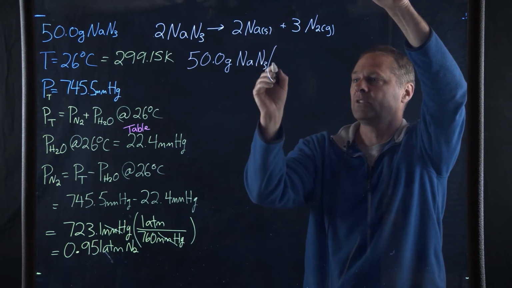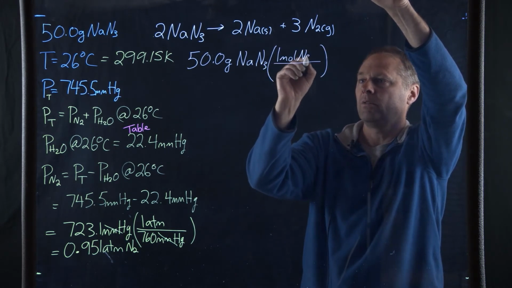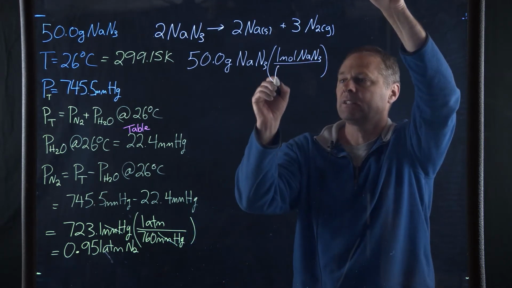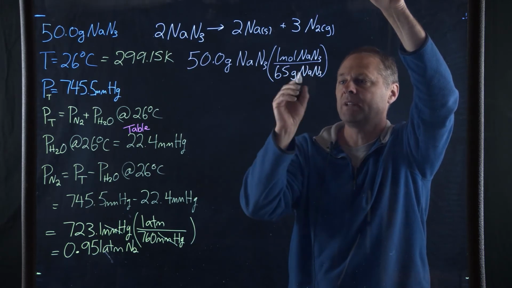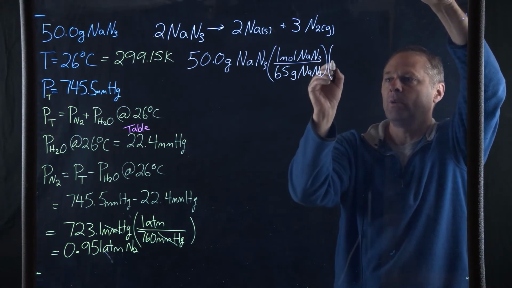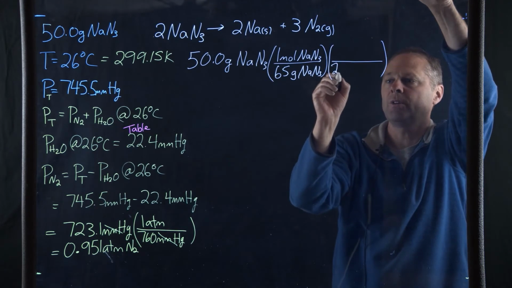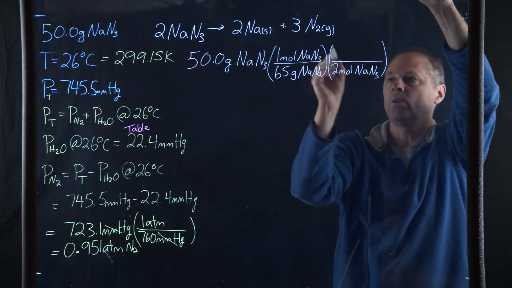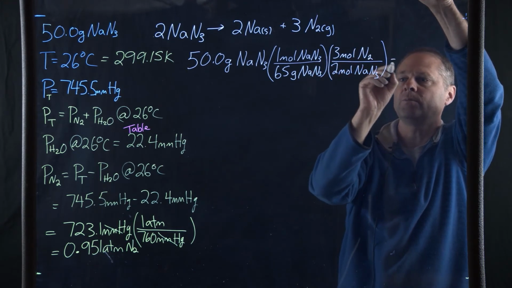We convert that into moles. 1 mole of sodium azide is equal to 65 grams of sodium azide. And once again, this number comes from the periodic table. We then see that the mole ratio is 2 to 3. So for every 2 moles of sodium azide, we get 3 moles of nitrogen.